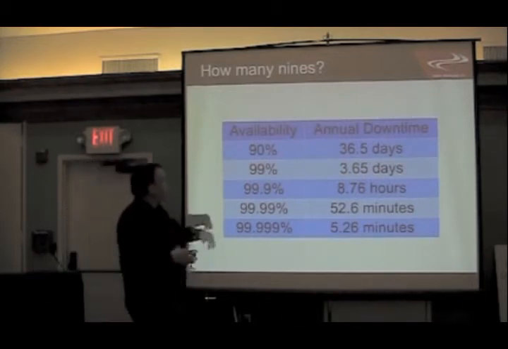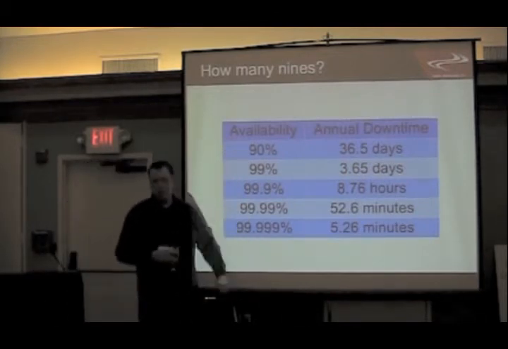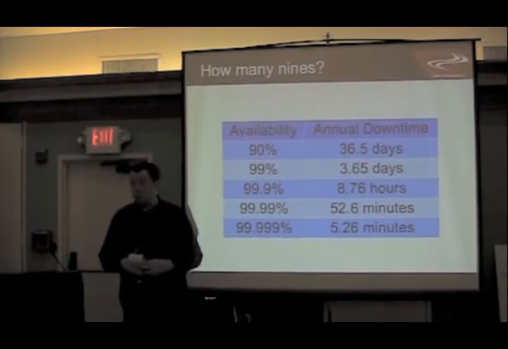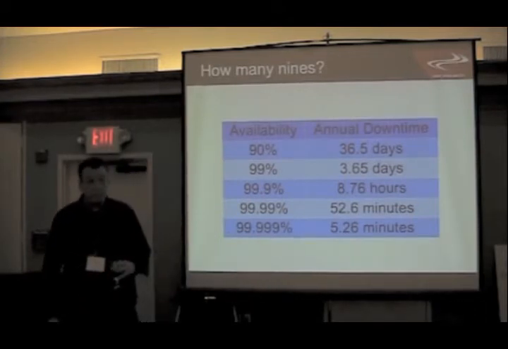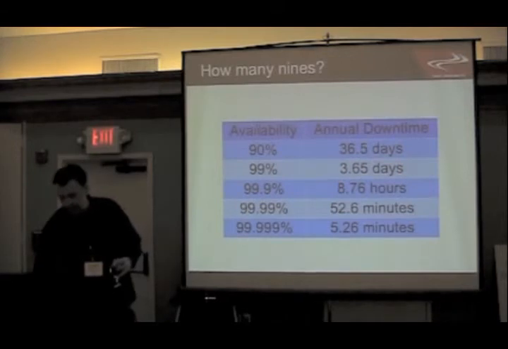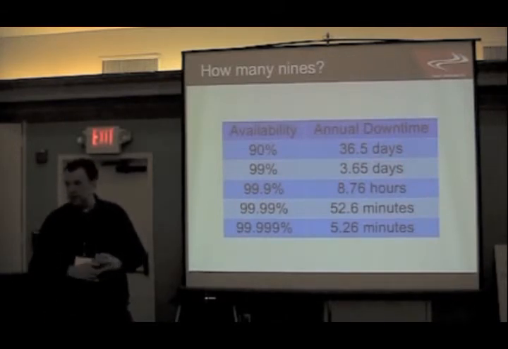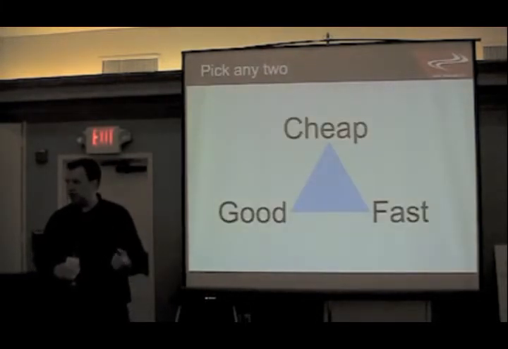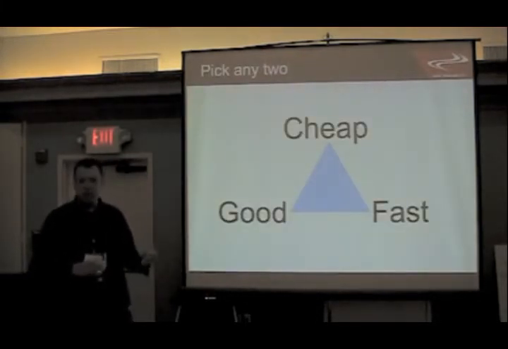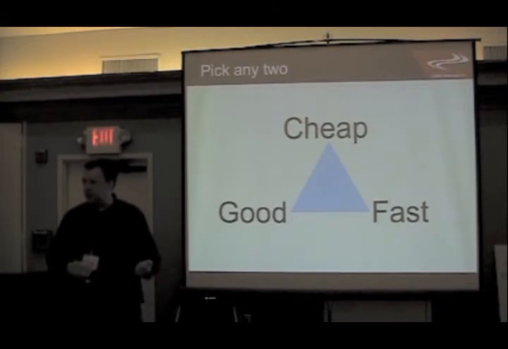Of course, the further you come, the more nines you have, the more it costs. And the world of project planning has given us this lovely truism that you can have something good, cheap, or fast, and you can pick any two.